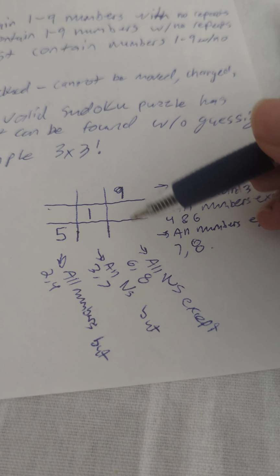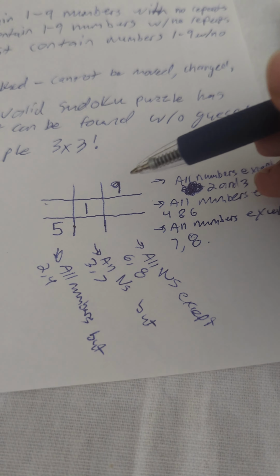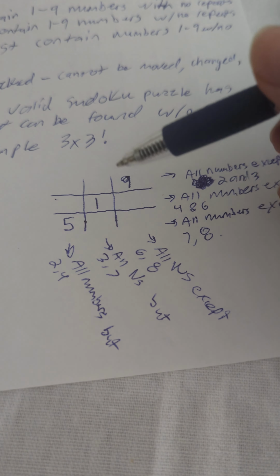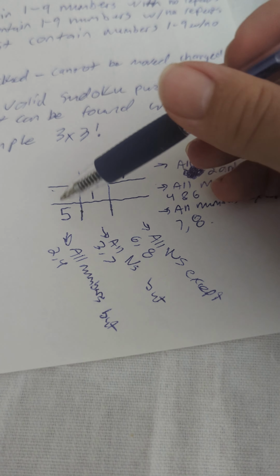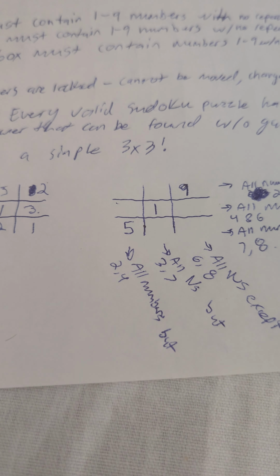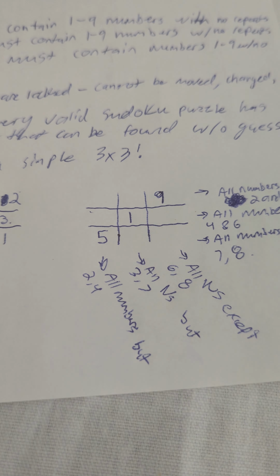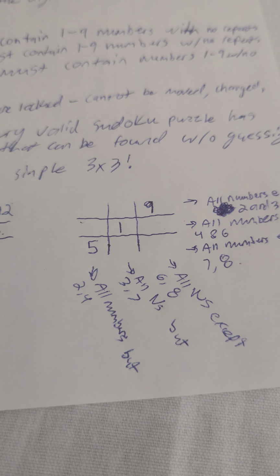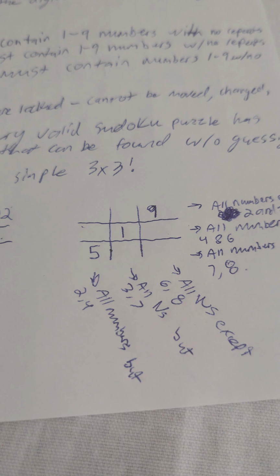Let's say in this vertical column, you had all numbers except 6 and 8. In this column, you had all numbers but 3 and 7. And in this column, you had all numbers but 2 and 4. So how would we solve for that if we were given those pre-filled numbers?